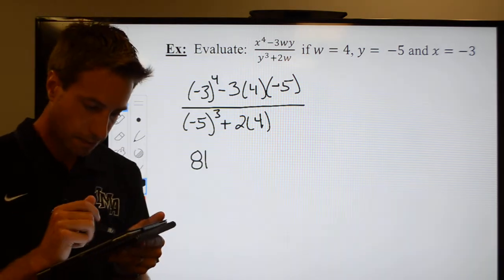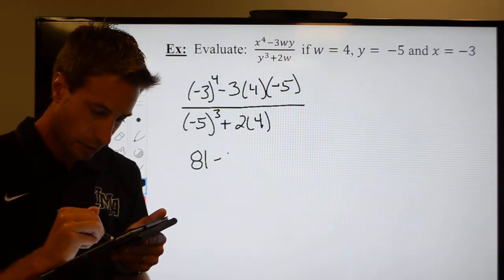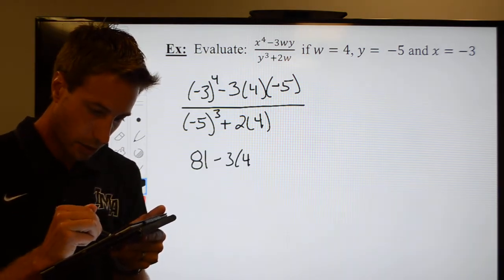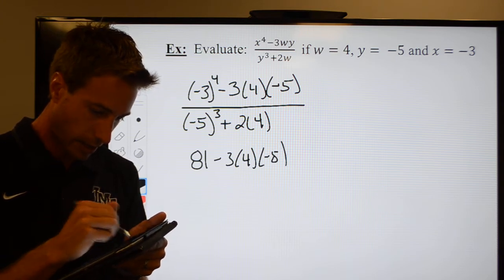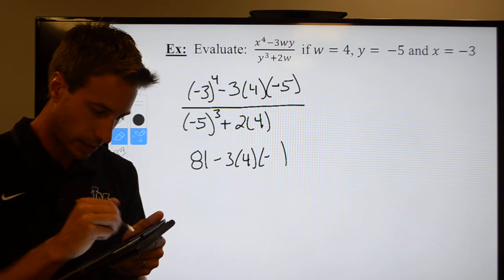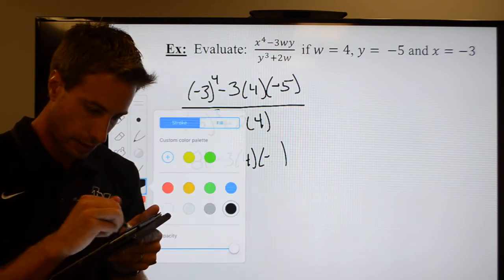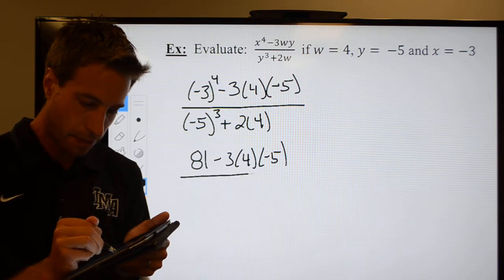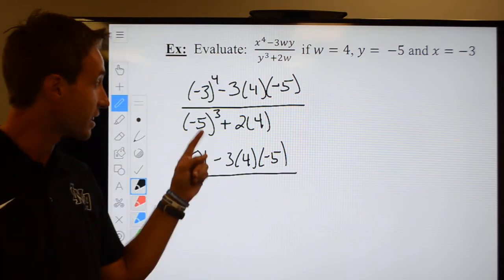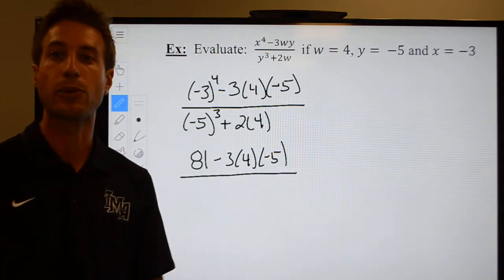Leave the rest of it: -3 times 4 times -5. Sorry, hang on, that's a terrible 5. One second, my writing got a little sloppy there. There we go, -5. And then in the bottom, what I have is another exponent, so we'll evaluate that exponent.